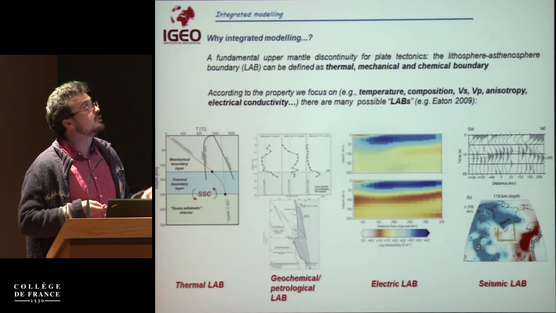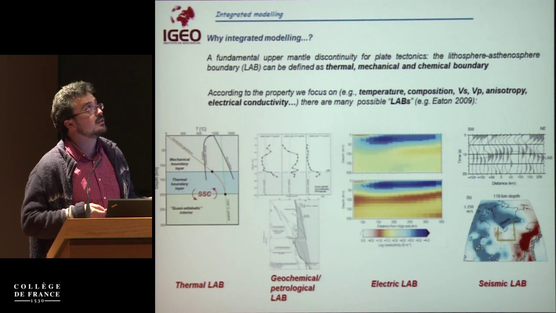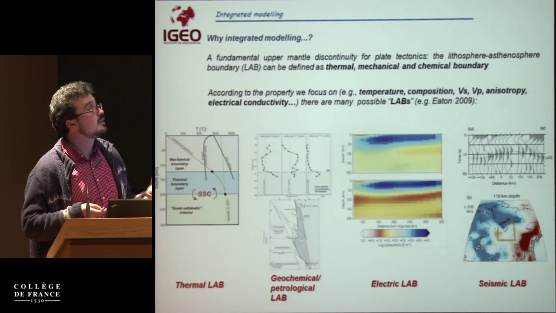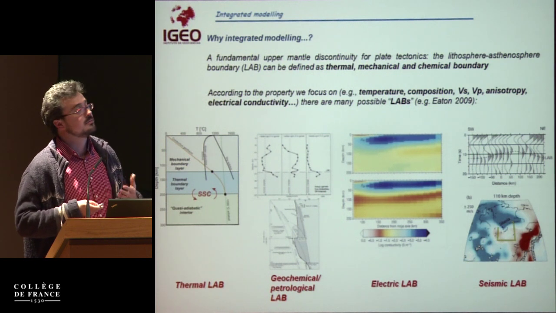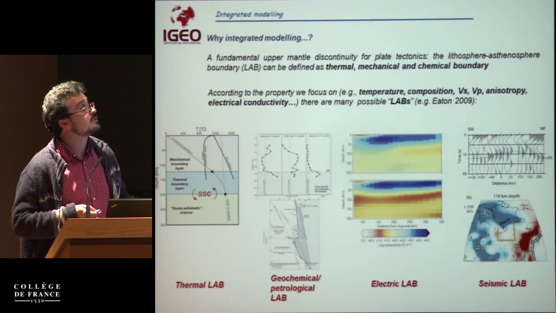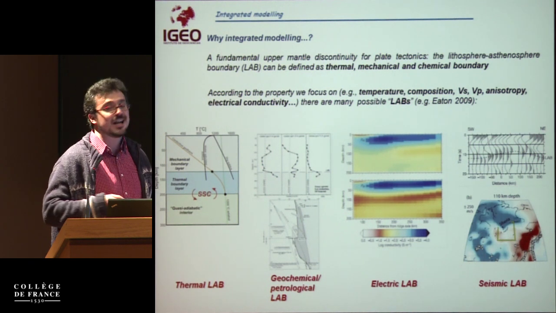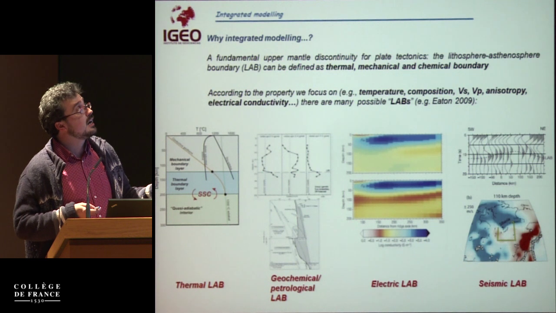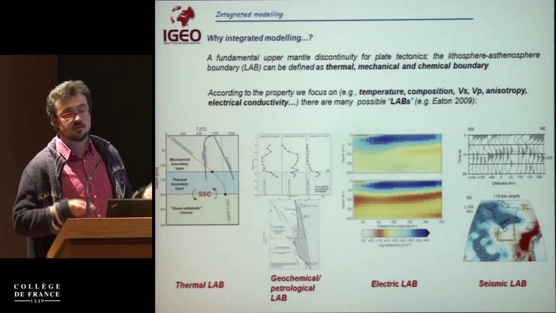We've been hearing a lot about the lithosphere-asthenosphere boundary, one of, if not the most fundamental discontinuity in the upper mantle, very much related to plate tectonics. And as we have heard, there are many definitions, as a more thermal, chemical, mechanical boundary. Those definitions actually depend on the physical property that you're focusing on.